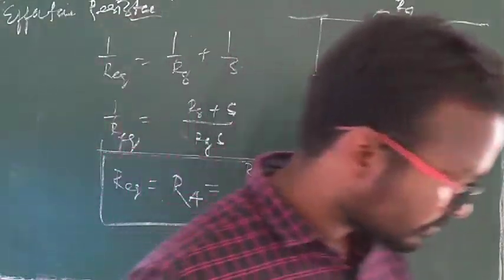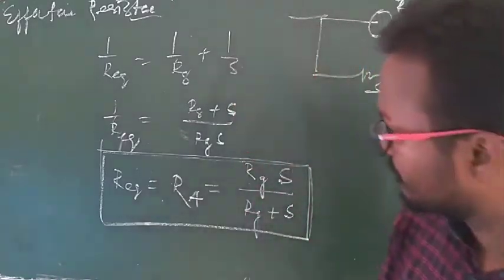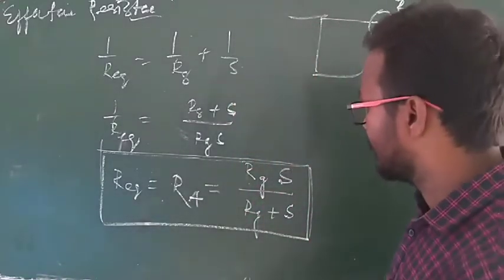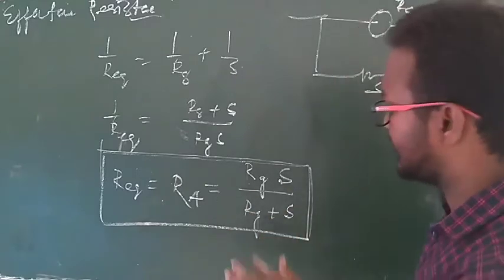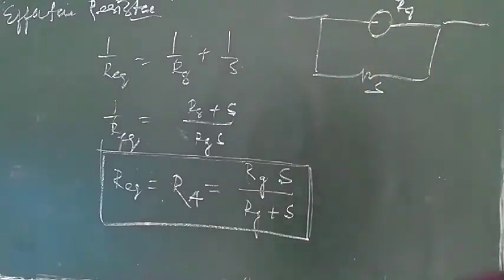Clear? So this is the mathematical formula to determine the resistance of the ammeter, in terms of the resistance of the galvanometer and the shunt resistance.